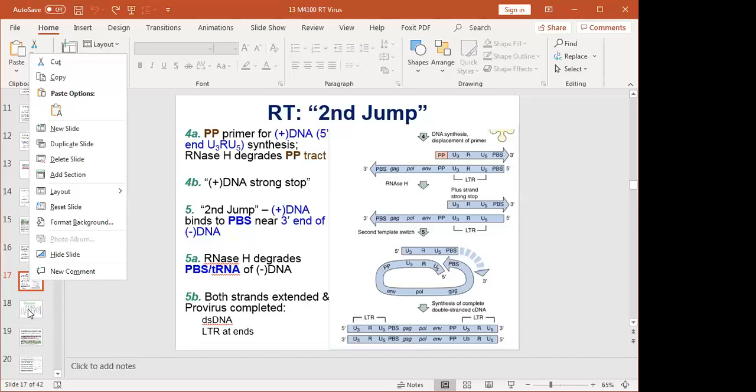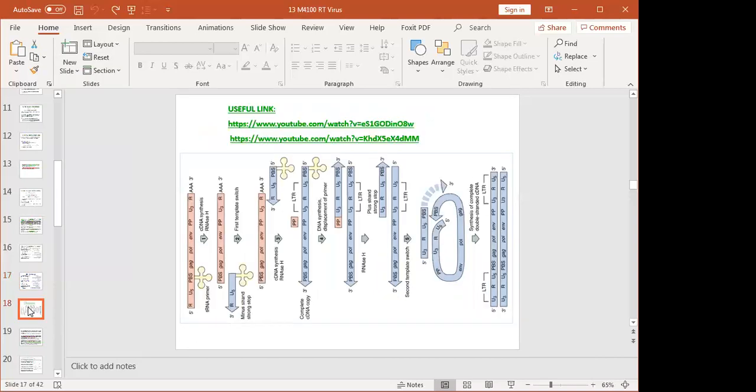So slide number 18 is a depiction of the entire process, all the steps together: binding of transfer RNA to PBS, extension of it, removal of U5 and R, stopping of the negative minus strand, jumping to the other side, making a copy of the RNA all the way through PBS.